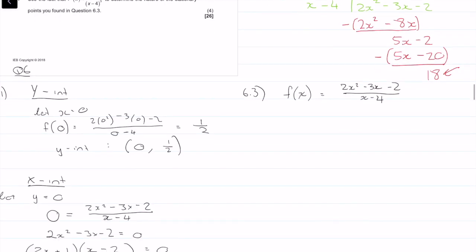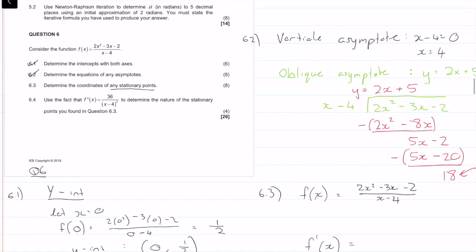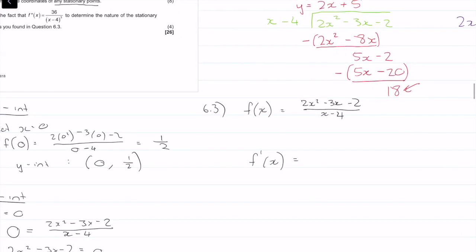And what is my derivative, f dash of x? If you look at your formula sheet, it gives it in terms of g of x and f of x, I think. But I'm going to use some simple English. The derivative, when we have a division, a numerator and denominator, is equal to the derivative of the top times the bottom, minus the opposite of that, which is the top times the derivative of the bottom.